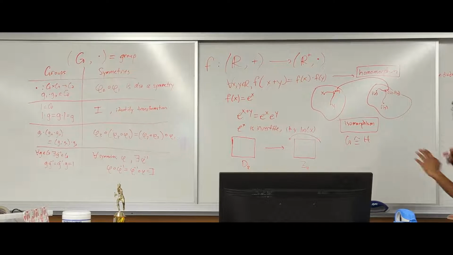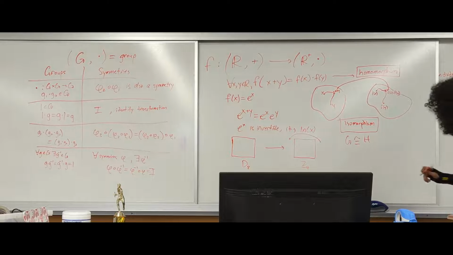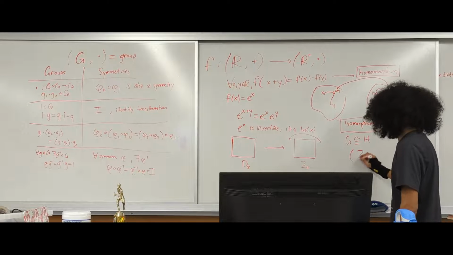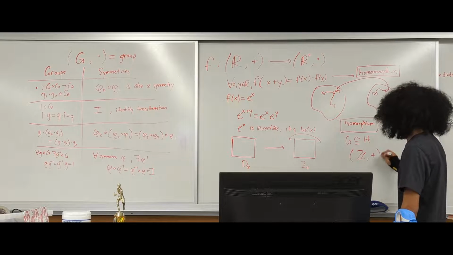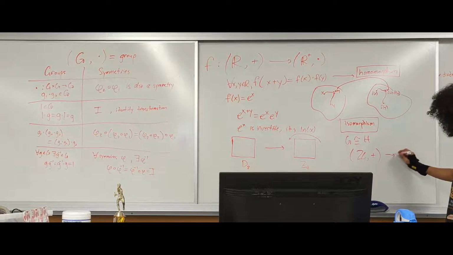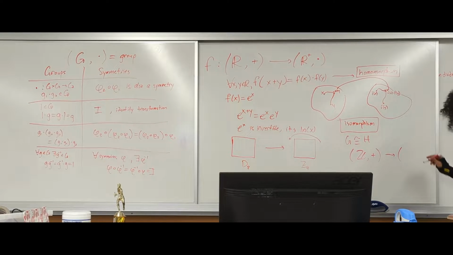I mean, one actually good example is that you can have the integers with addition, and then you can go to this. So Z is integers. Again, weird, but you can then go to this thing. Is that how they write it? I don't know.